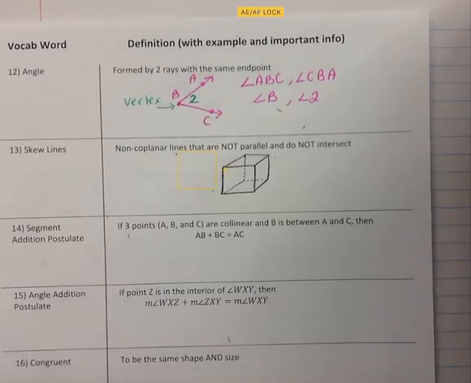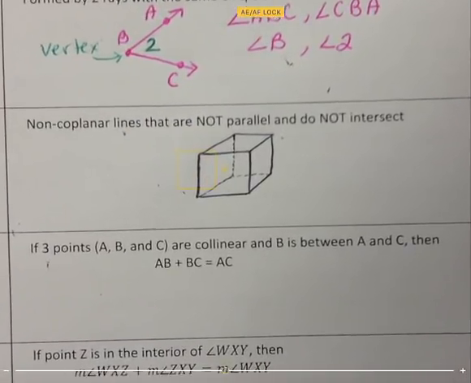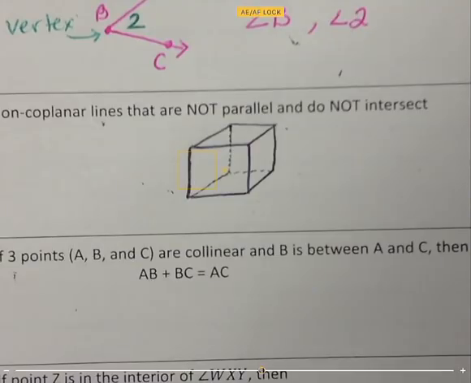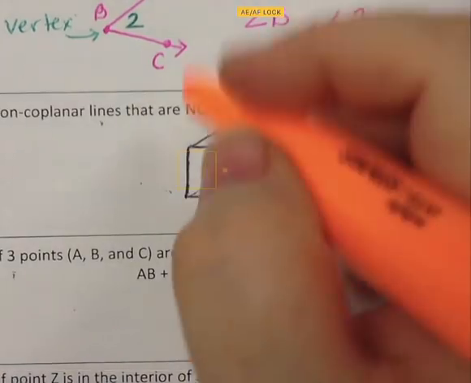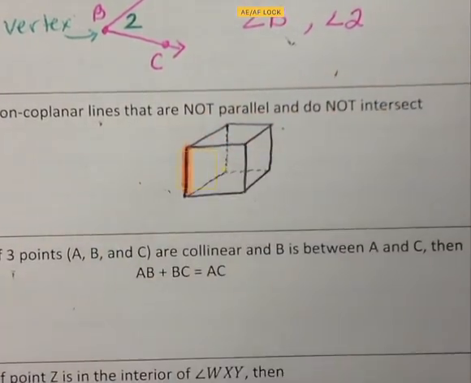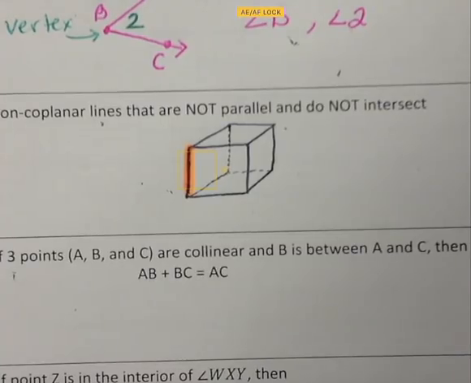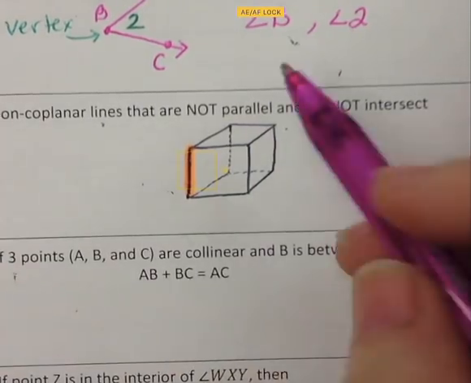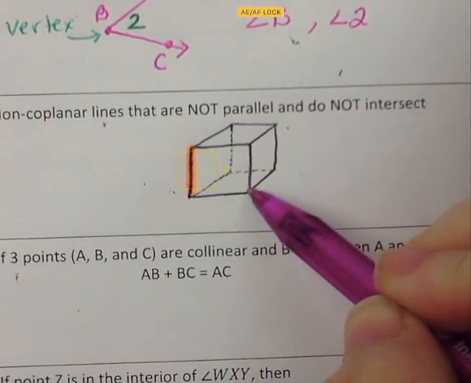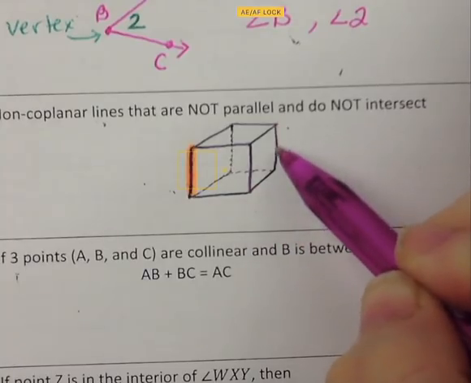So, to see skew lines on here, if you pick a line, you can pick any line you want. So I'm just going to pick this vertical line right here. I want to find a line that is skewed to this one, which means it cannot be parallel. So I cannot pick this line. I cannot pick this line.